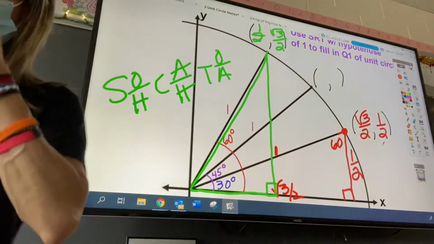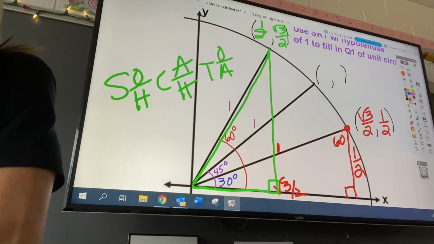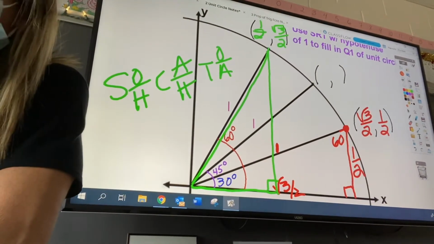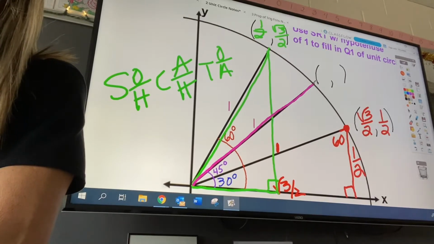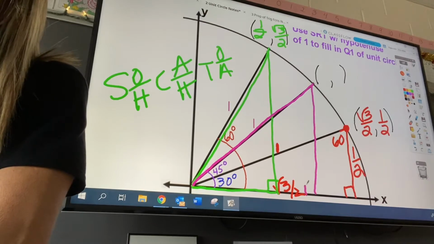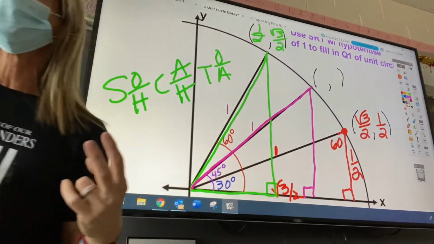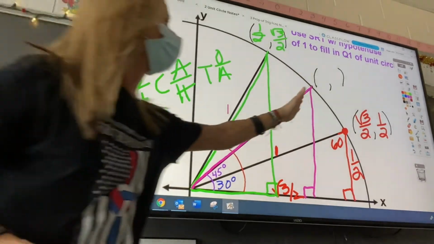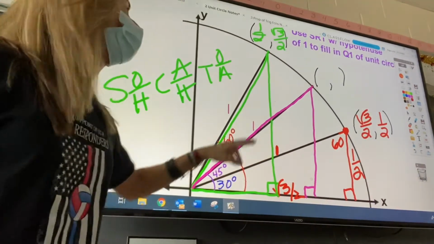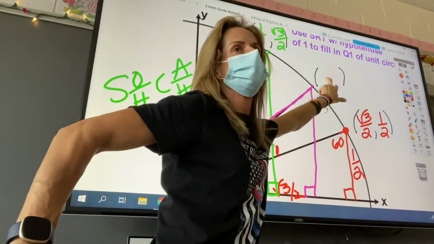Okay, so this triangle right here is the other special right triangle, the 45, 45, 90 triangle, which is nice because the legs are the same length, which means these values are going to be the same.